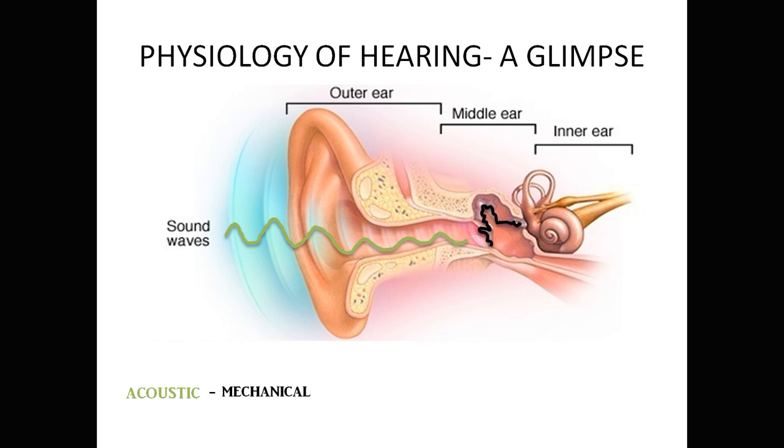Now when it enters into the inner ear, mechanical is converted to hydraulic, because in inner ear we have fluid. I told you already in the previous slide, middle ear is an air filled chamber, whereas inner ear is fluid filled, with perilymph and endolymph. So here it is hydraulic.